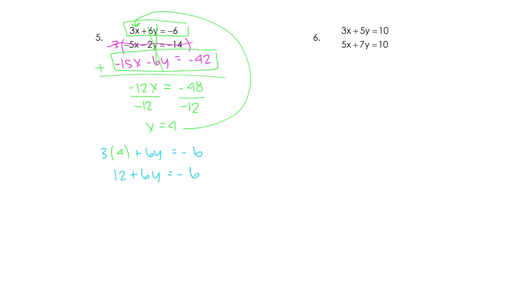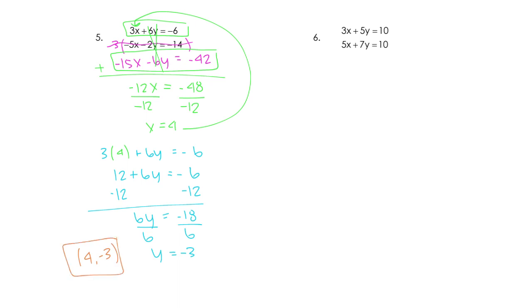I don't know where that came from. Should be just a negative 6 there. Sorry about that. Subtract 12 from both sides, and I get 6y equals negative 18. Negative 6 minus 12 will give you a negative 18. Divide both sides by 6, and y would be negative 3. So then our final answer would be 4, negative 3.